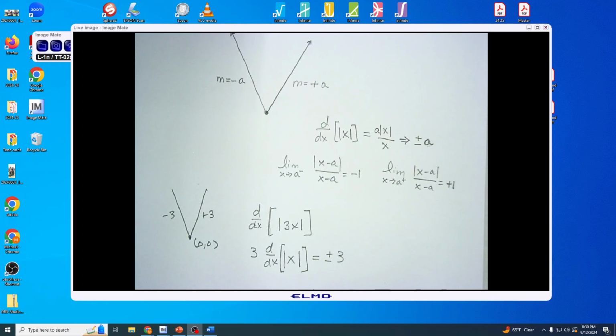So this has been working with the derivative of an absolute value, where an absolute value has two slopes, one on the left and one on the right, and the way in which we get them.